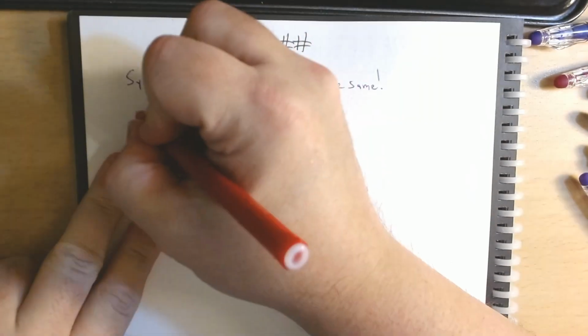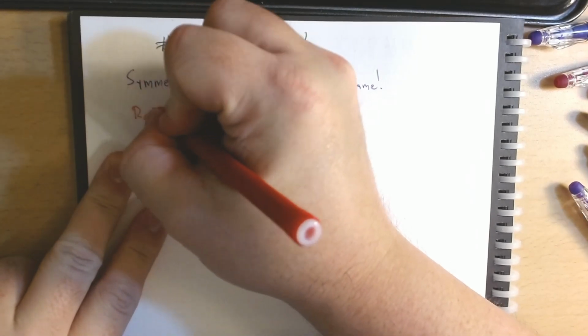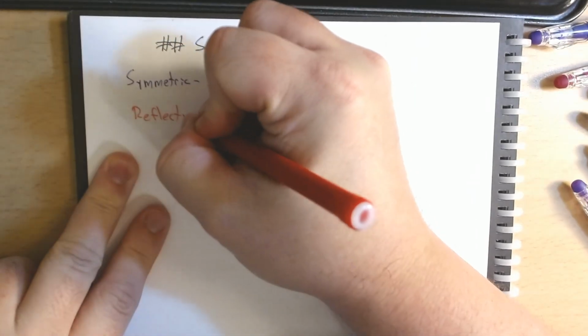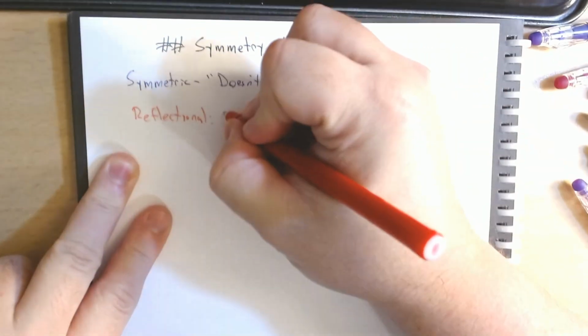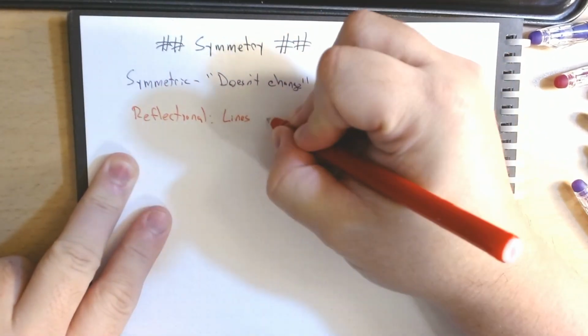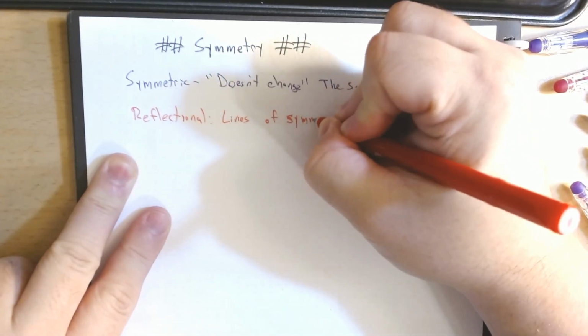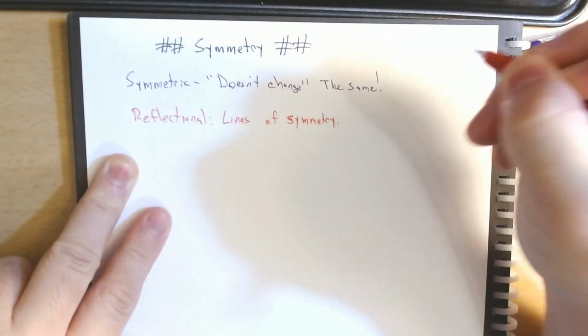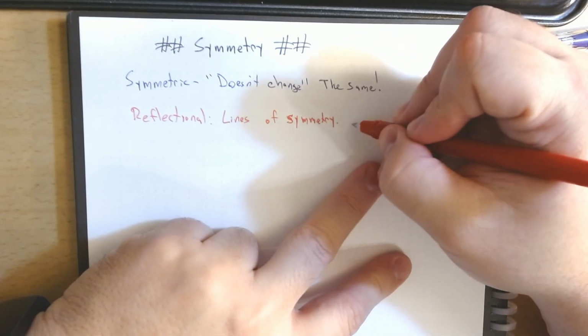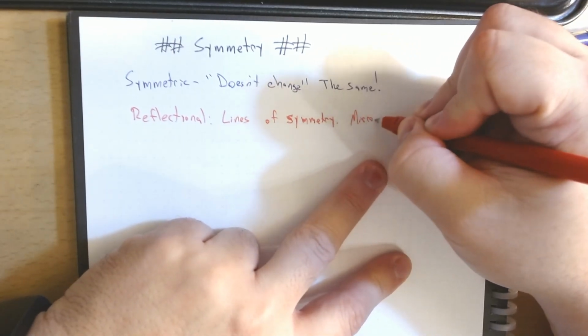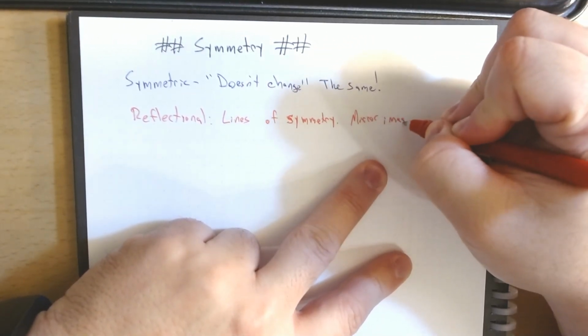There are two types: reflectional, and this is where you have lines of symmetry. What we're thinking of is a mirror image across the line.